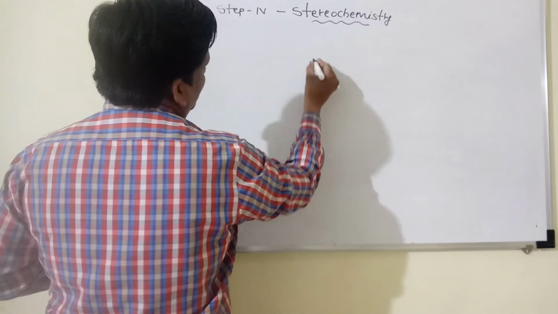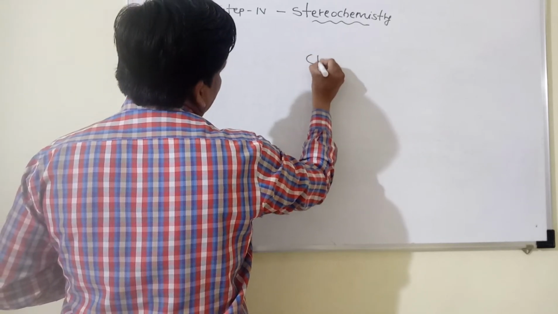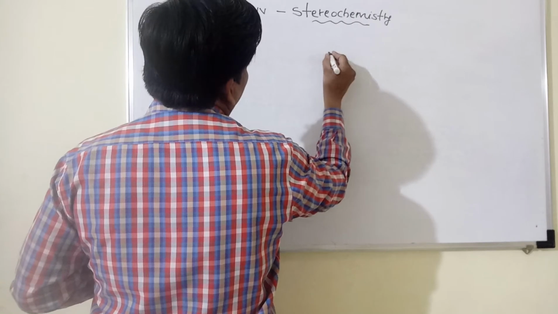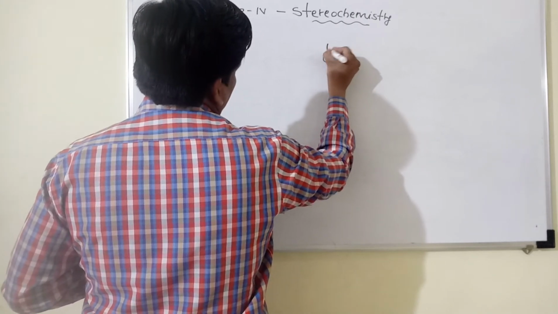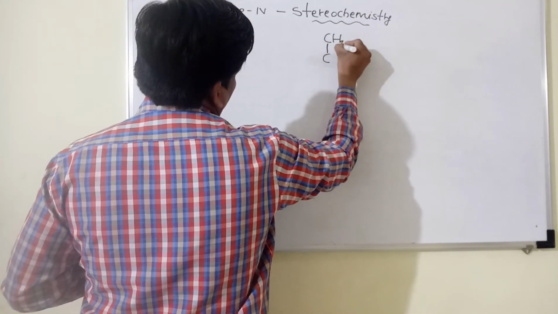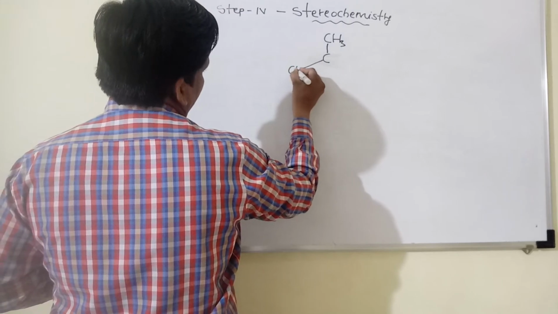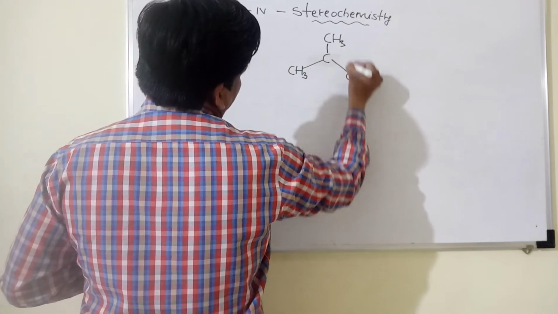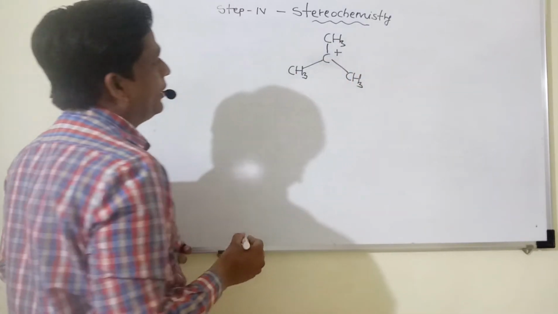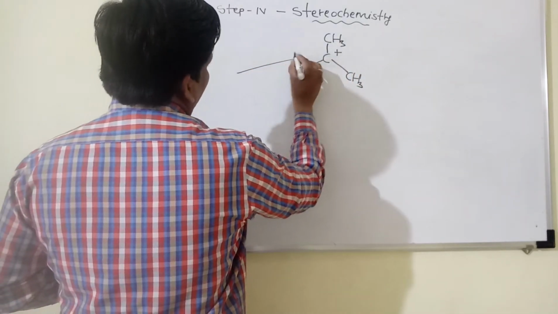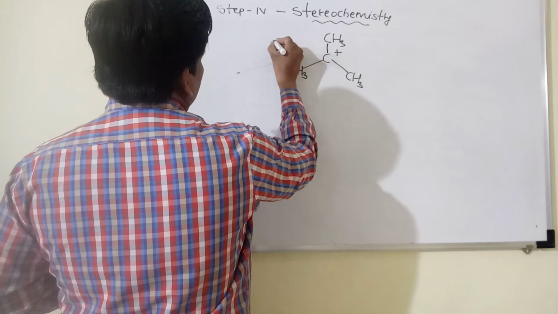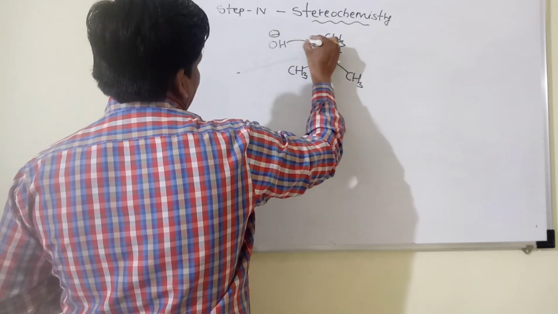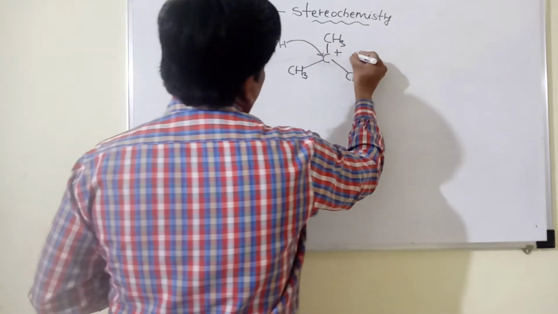In the mechanism, whatever carbocation we get here, CH3, you can write it like this also. This is the carbocation. If the nucleophile, that means the OH group, attacks, it can attack on the backside as well as the front side.